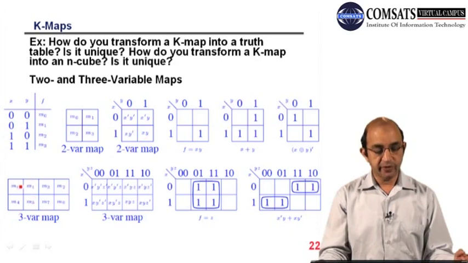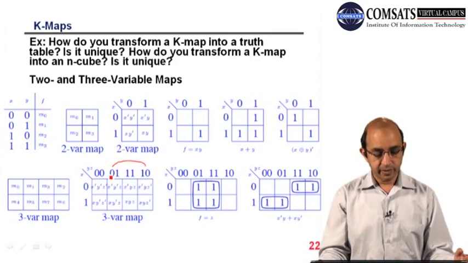If I talk about the 3 variable map, I take y, z in the horizontal direction and x in the vertical direction. You can say x bar, y bar, z bar, so 0 0 0, 0 1, 1 1, and 1 0. You can see that here we have a jump, a sort of discontinuity.